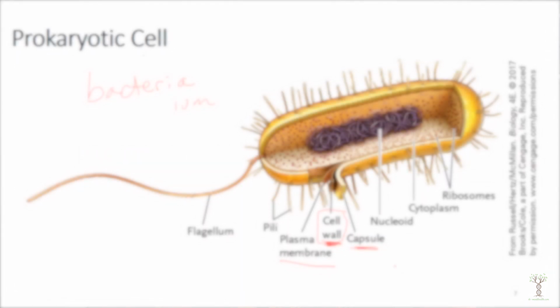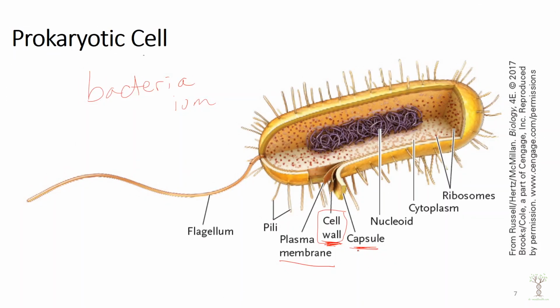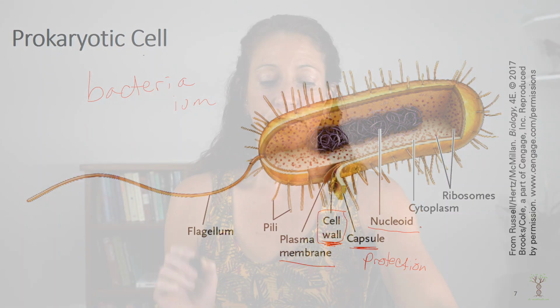Sometimes bacteria can have an extra protein layer called a capsule. This is for extra protection because bacteria are single-celled organisms. They don't have skin to protect them from environmental pH or temperature or whatever. Inside the prokaryotic cell, we have a nucleoid region.